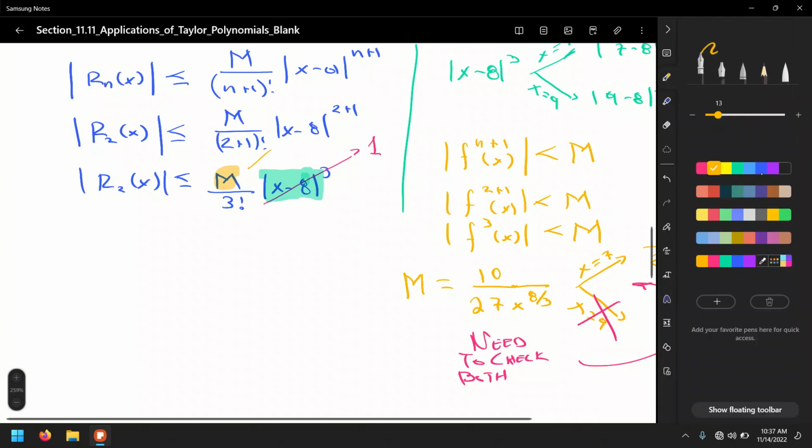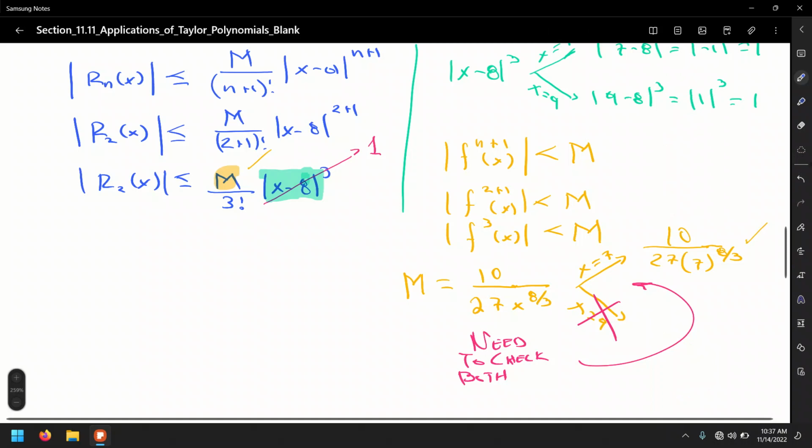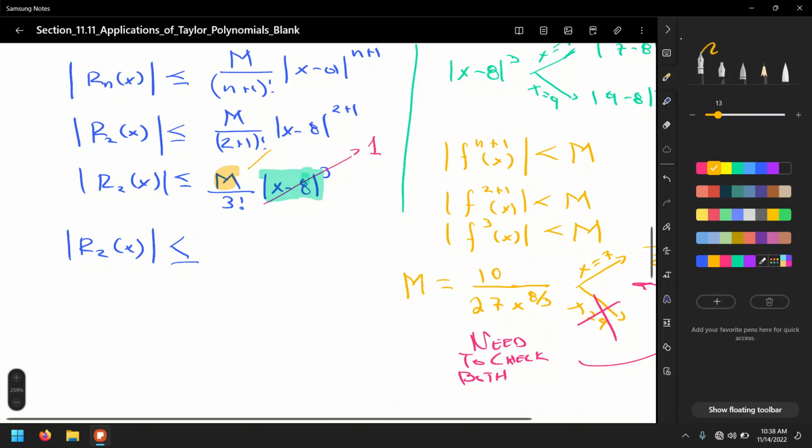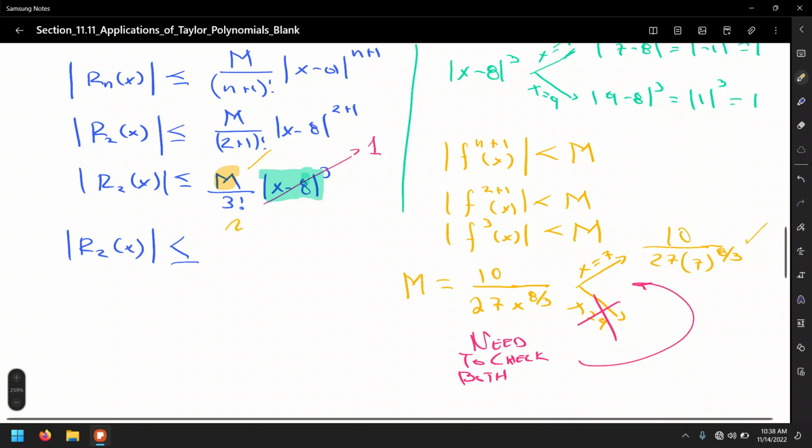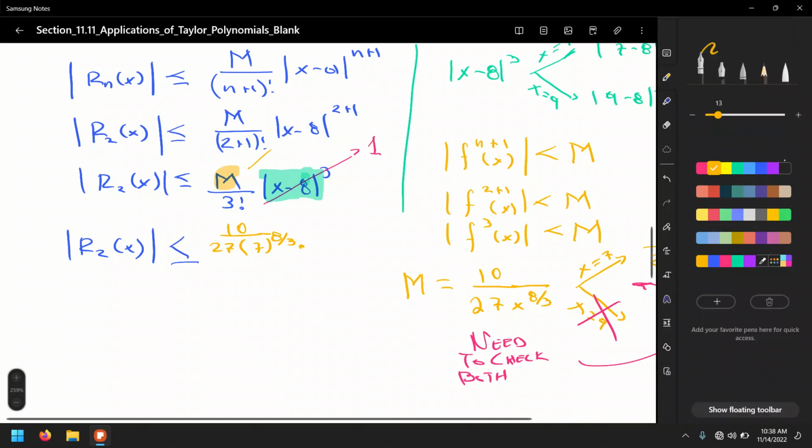And so we may now go back to Taylor's remainder inequality. That is, the absolute value of R sub 2 is less than or equal to, so number one, this funky number 10 over 27 times 7 to the 8th over 3, times, remember this invisible one that I wrote here?